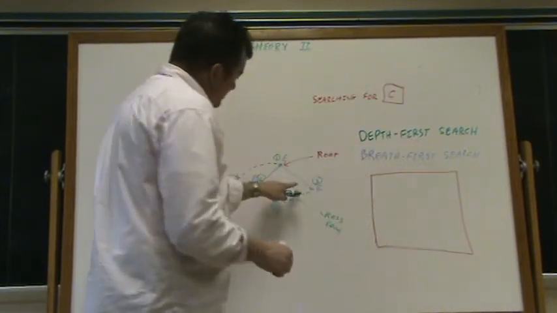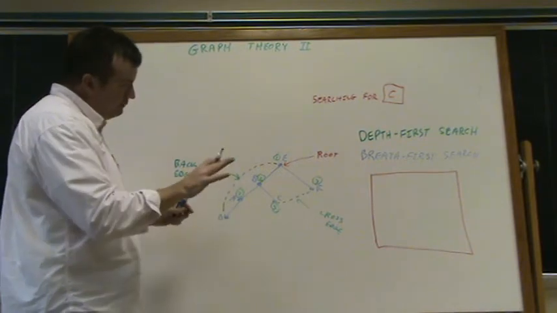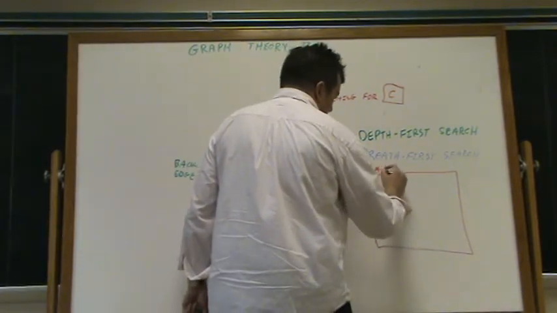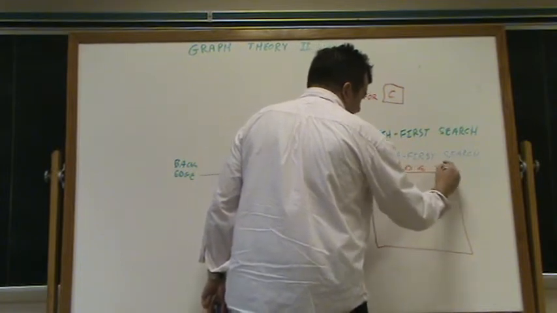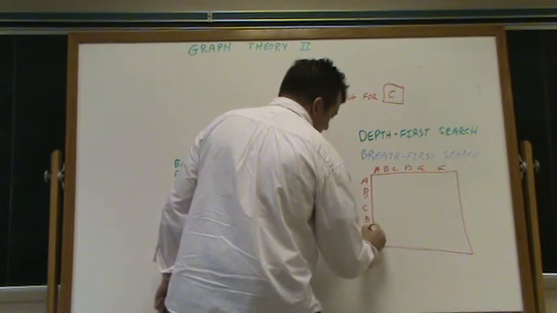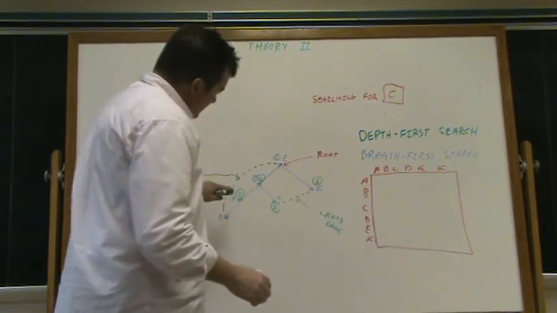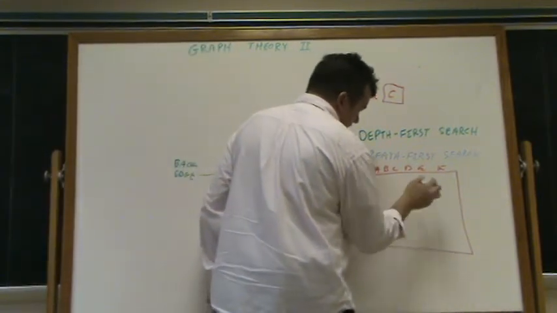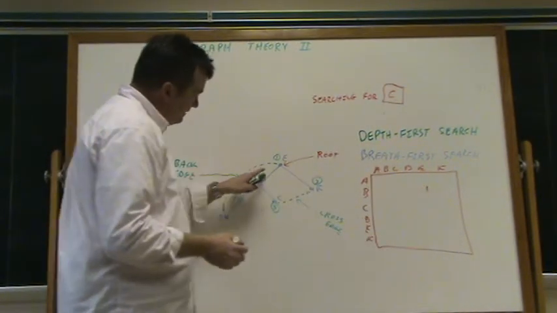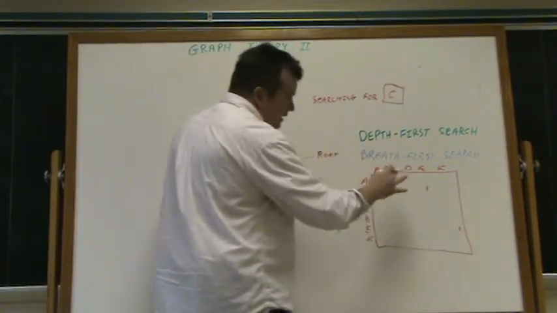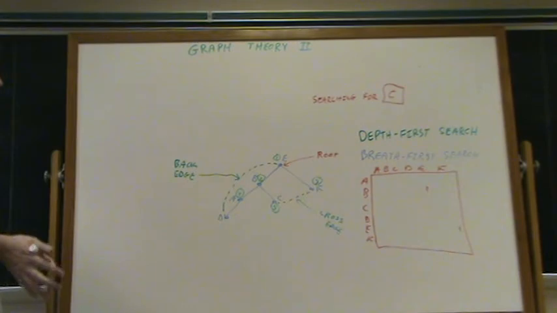We said we can represent this picture in computer memory by creating a matrix with rows and columns A, B, C, D, E, F. B is connected to E, so B, E has a 1 there. E is connected to F, there's a 1 there. We put a 1 wherever there's a connection, a 0 wherever there's not.